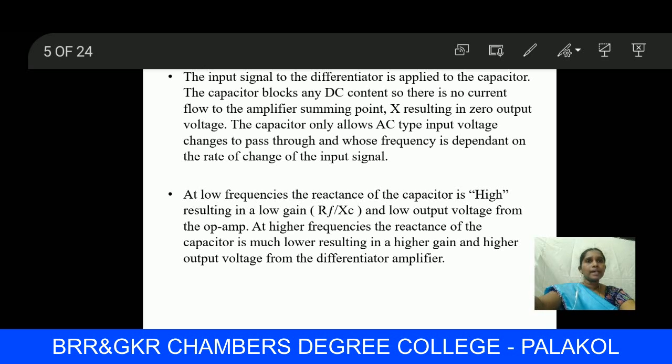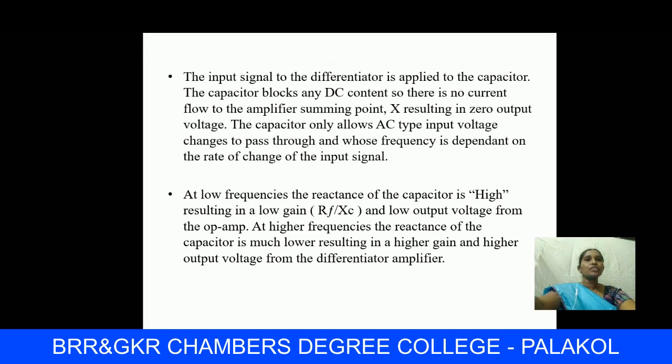Here the capacitor only allows AC type of input voltage changes to pass through, the frequency depending on the rate of change of the input signal. Okay, so here at low frequencies the reactance of the capacitor is high, resulting in a low gain and low output voltage from the op amp.